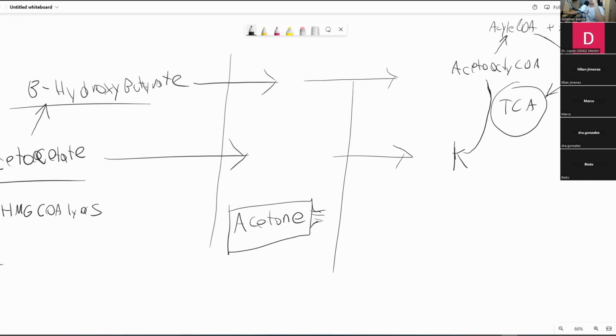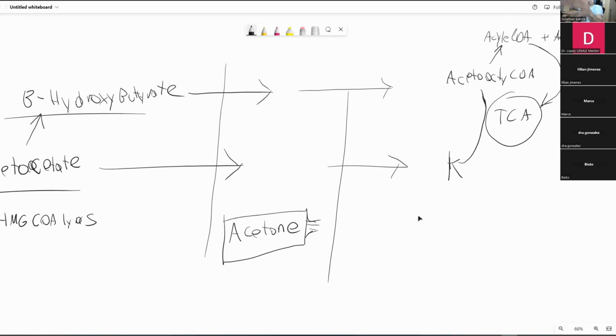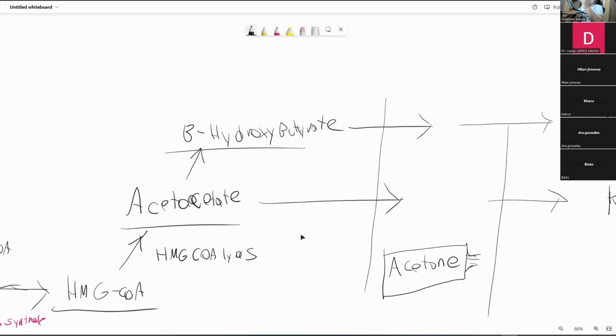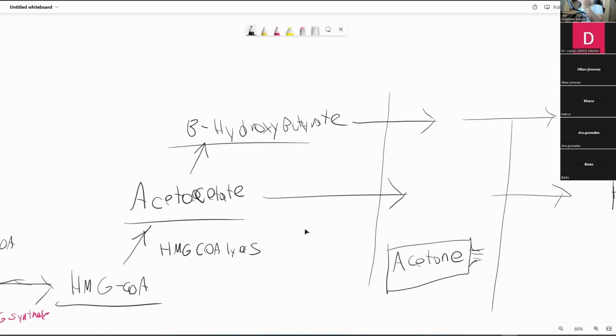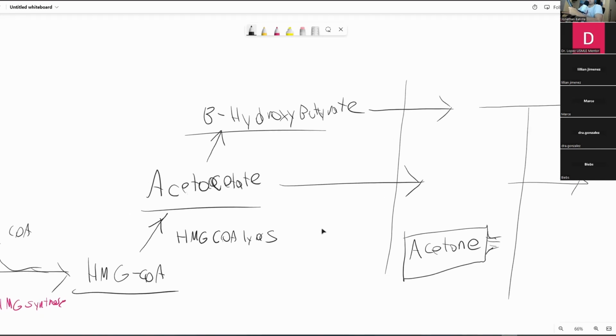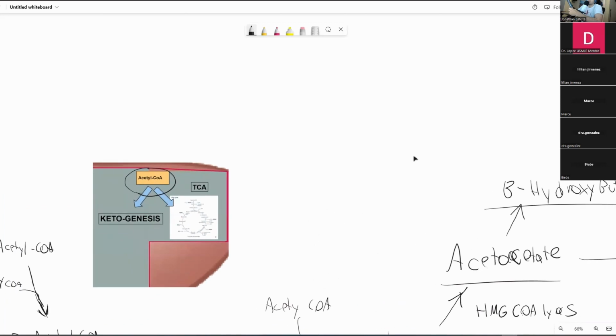So yes, you're going to see something. Yes, that is true. In DKA, remember what we said, a lot of type 1 diabetic patients are dependent on insulin. Their insulin levels are very low.